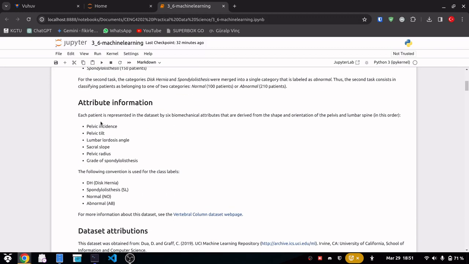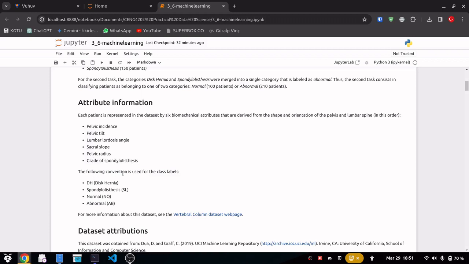So our attribute information is here. Each patient is represented in the dataset by 6 biomechanical attributes that are derived from the shape and orientation of the pelvis and lumbar spine, in this order: pelvic incidence, pelvic tilt, lumbar lordosis angle, sacral slope, pelvic radius, and grade of spondylolisthesis.